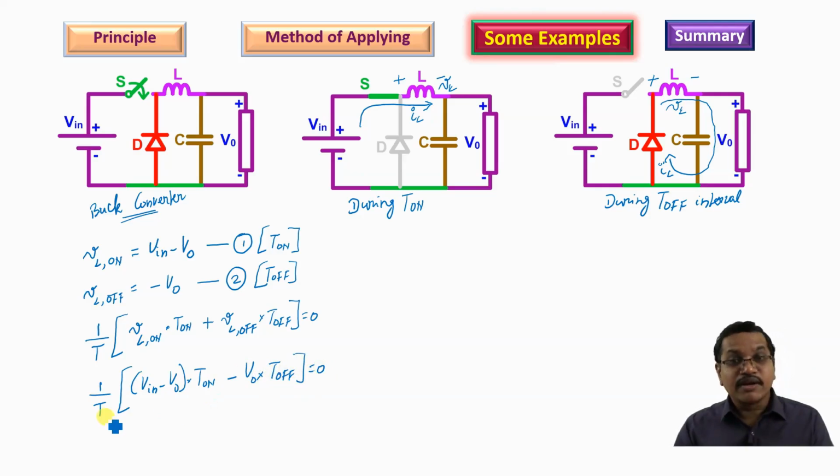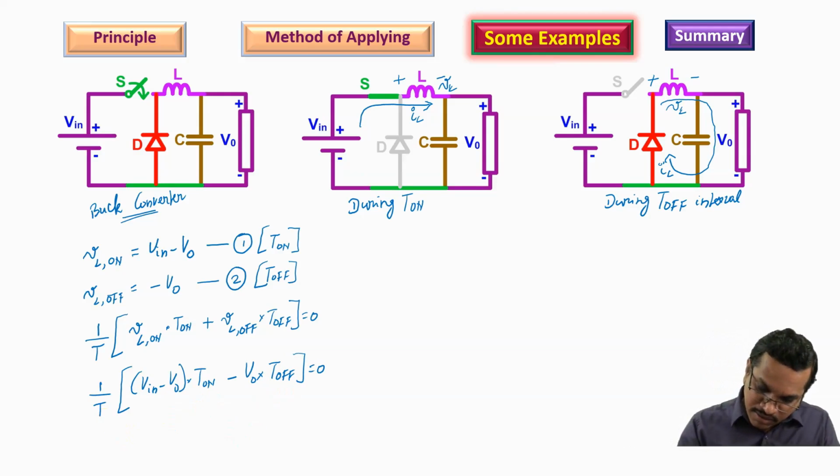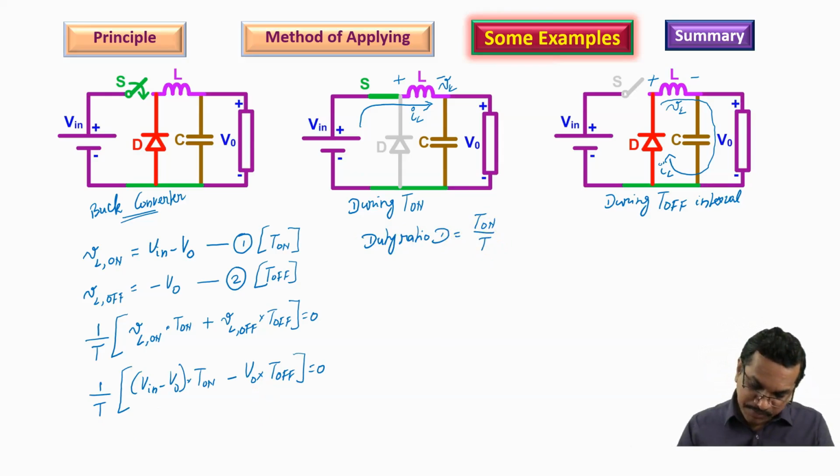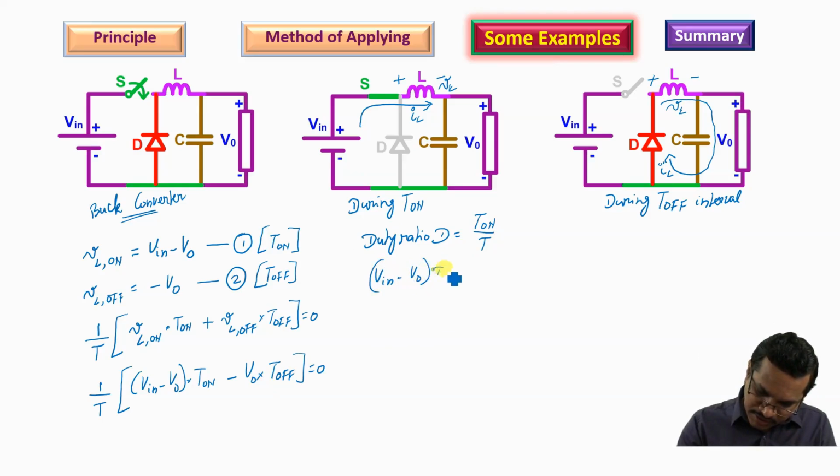Now if I take T inside, I'll have T on by T and T off by T. I'll define the duty ratio or duty cycle D, capital D, as on time by total time, which will simplify this equation as V in minus V naught into duty ratio, plus, rather minus V naught into 1 minus duty ratio, equal to 0.